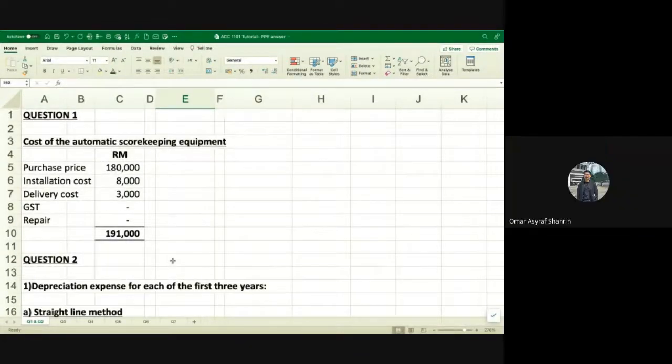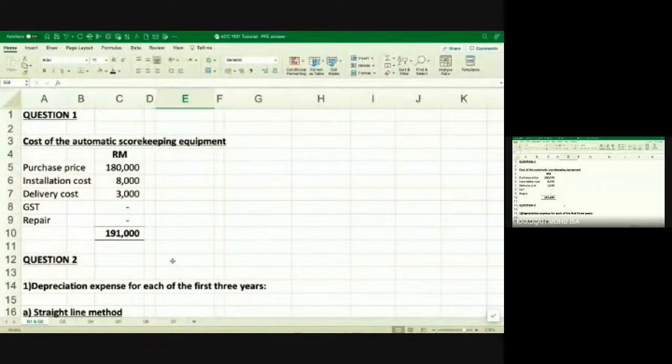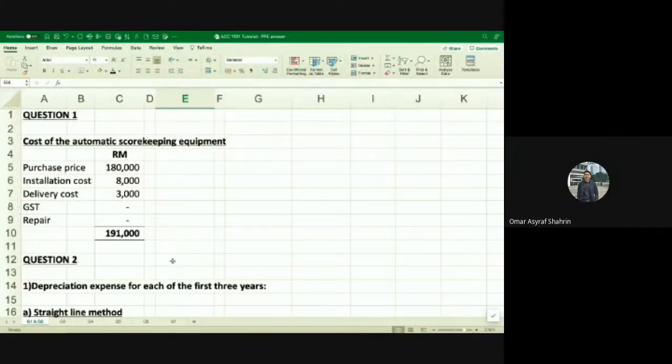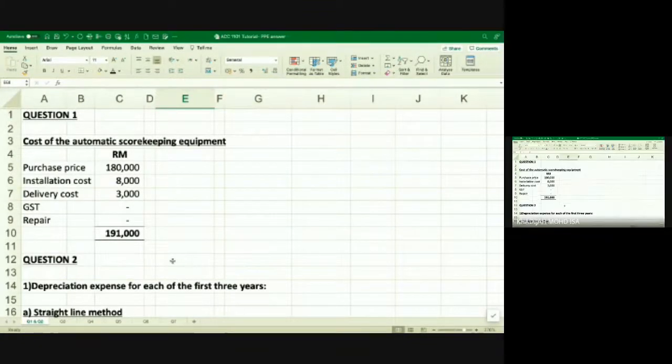Then what about the repair one? Why is it included in the repair cost? It falls under revenue expenditure, repair and maintenance. So it doesn't contribute to the cost? Because the cost is what you pay to the seller, and any other cost you have to incur to put the machine into use.